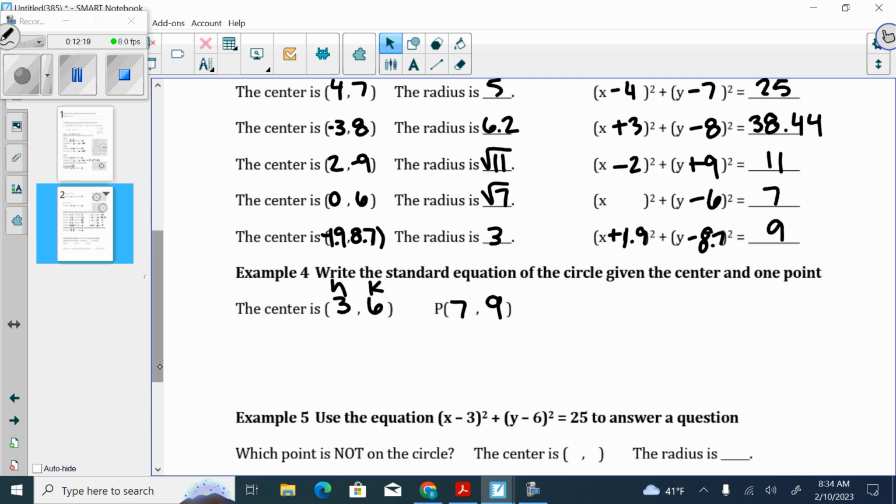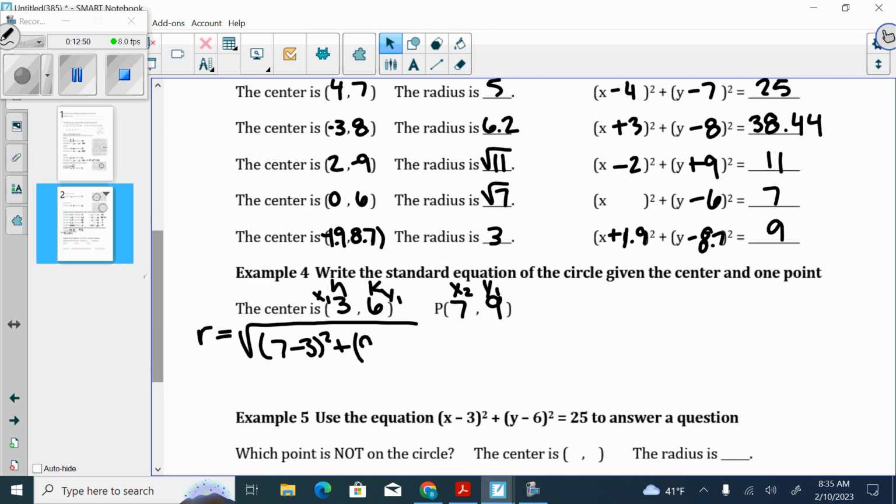So our distance formula to find the radius would be the square root of x2 minus x1. We'll make these our 2's over here, and we'll make the center our 1's. So what's x2 minus x1 going to be? Good. Squared. Plus, what's y2 minus y1 going to be? 9 minus 6.